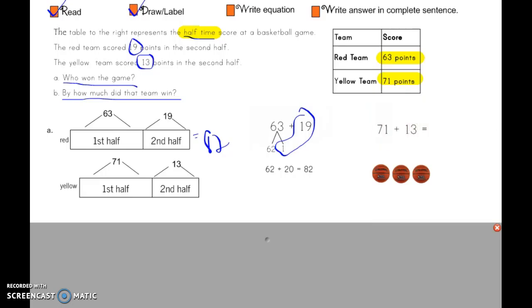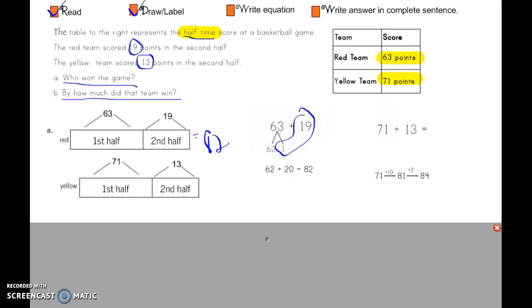All right, so I said 71 because that's the total of points they had at halftime, plus 13, that's the total of points that they scored in the second half. And I then was able to do arrow notation, or the arrow way. And I simply said 71 plus 10 gives me 81, and then 81 plus 3 more gives me 84.